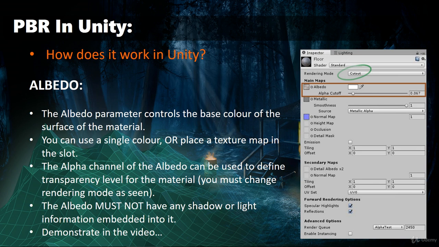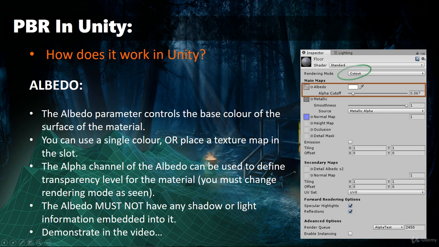We don't do that anymore. And that's the fundamental difference between albedo and diffuse. Albedo is a flat base color. It's not a rendered diffuse map with shadows and lighting baked into it. That's diffuse. This is albedo. So it's flat and has no shadow or lighting information.